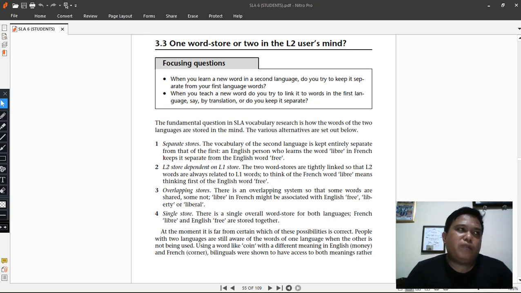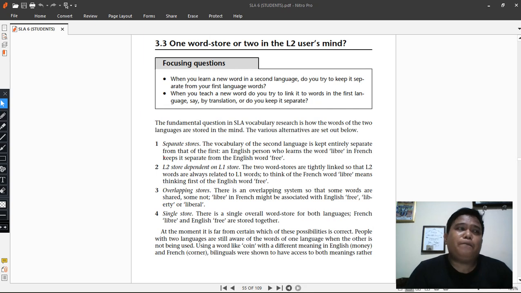The problem here is that when you try to speak in English, sometimes you will use both languages. When you speak Indonesian, you sometimes use English too. This is what we Indonesians mostly do in our daily life.